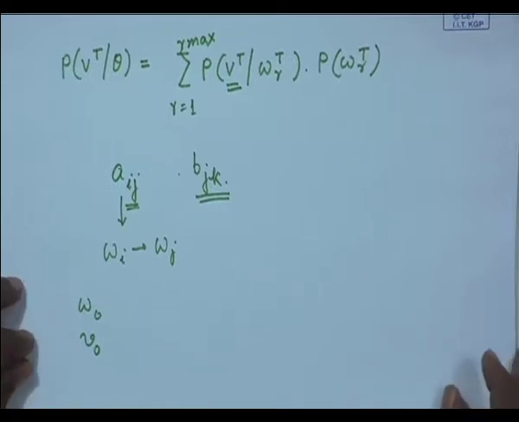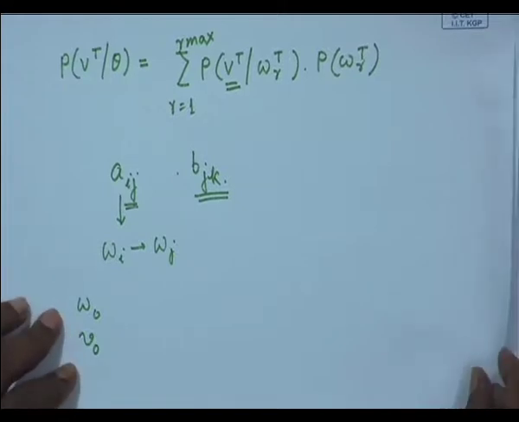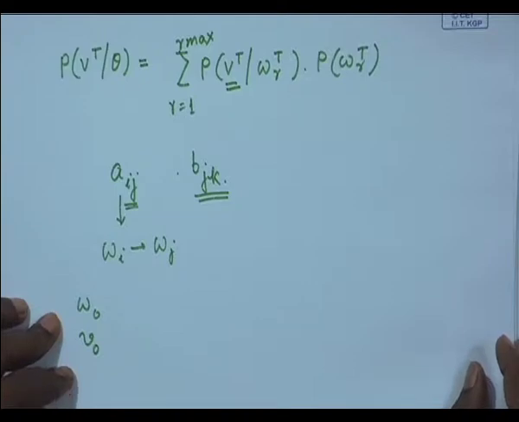So, the learning problem is to estimate A i j and B j k, these two transition probability matrices, from a set of visible symbol sequences. And in order to do that, we have used two types of probabilities.